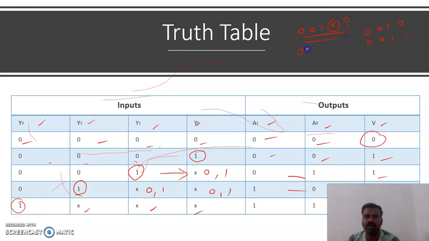For 0 1 and two don't cares, how many conditions can I write? In the place of xx, I can write 0 0, 0 1, 1 0, 1 1, so 4 conditions. Similarly, for 1 triple x, I can write 8 possible combinations, from 0 0 0 to 1 1 1.